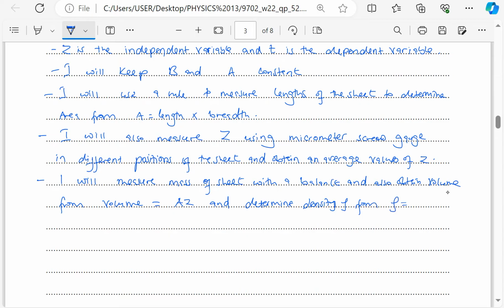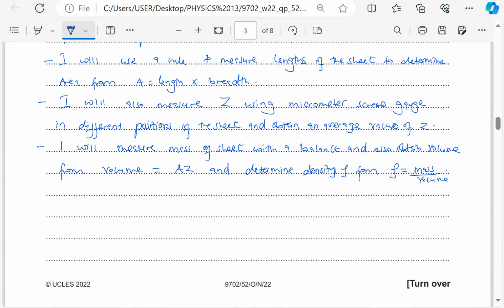Rho is going to be the mass divided by the volume. So this statement I've written here has almost 3 marks in one statement. Some of them are additional points. Okay, so now I know the volume and the density of the sheet that I'm using.